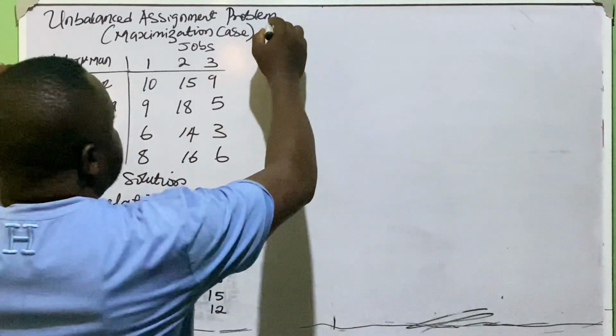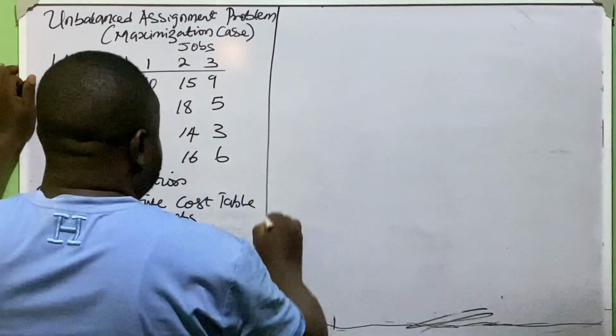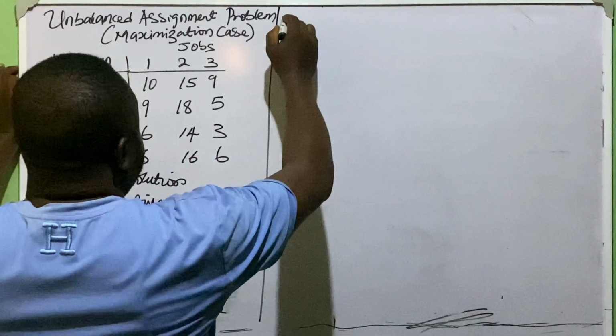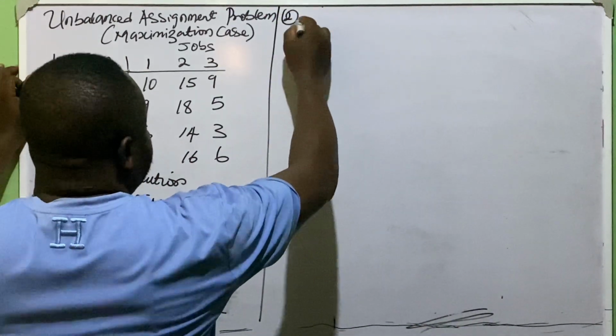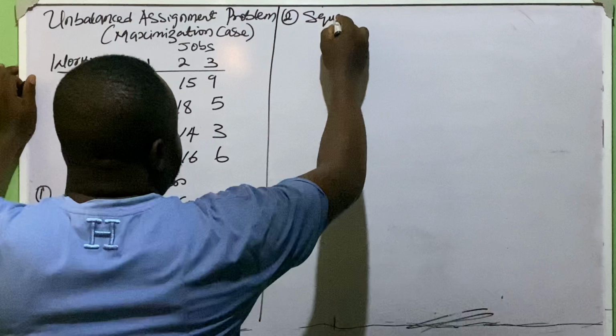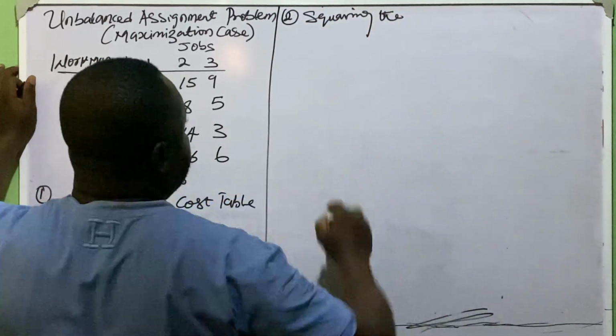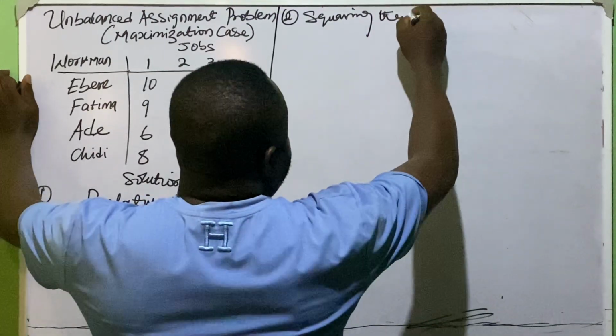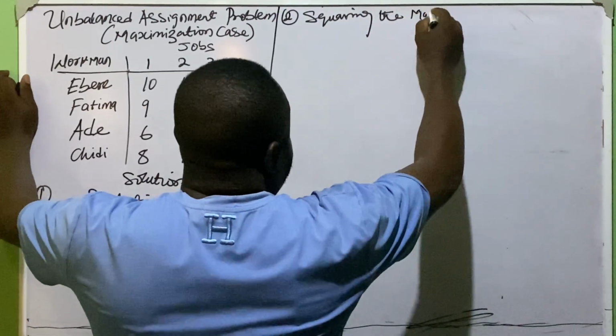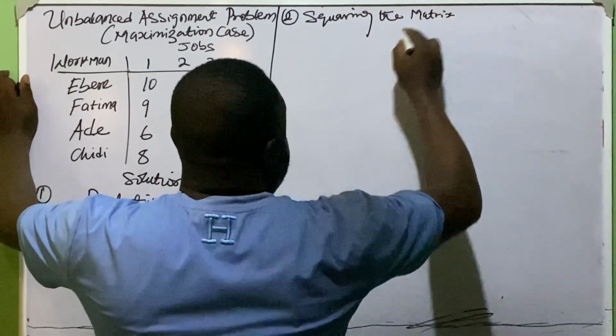Having converted to relative cost, the next will now be to square the matrix, and we'll now take other steps in the Hungarian method. So I have step 2, squaring the matrix.